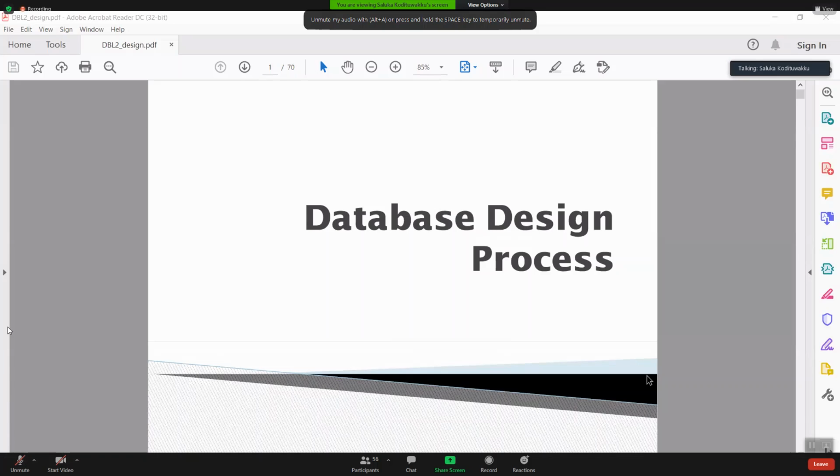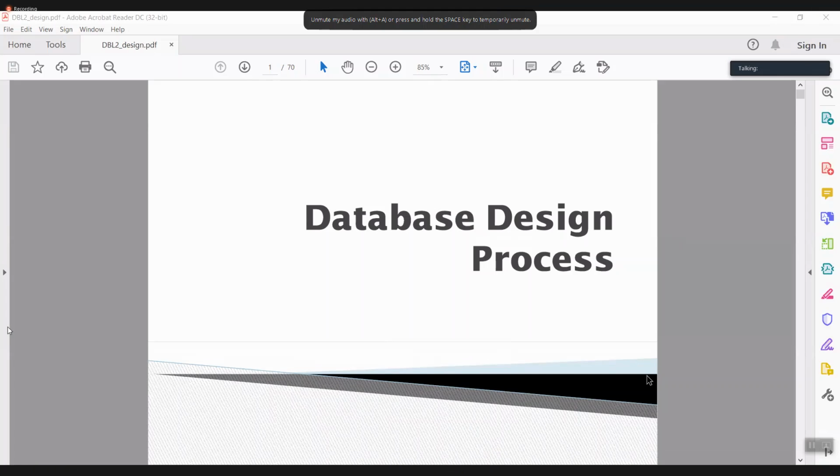Yes, sir. Okay, now as we discussed, in order to use this database, the first thing we have to do is bring the database into existence. That means we have to create the database. In order to create a database, we have to design it first. What does the design mean? First, we have to have the abstract database. It is something like before building a house, we have to first prepare a building plan.